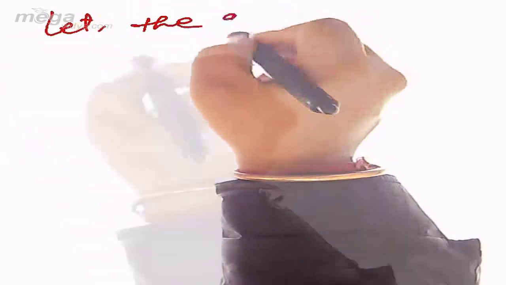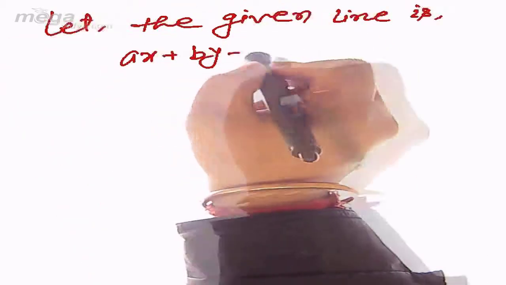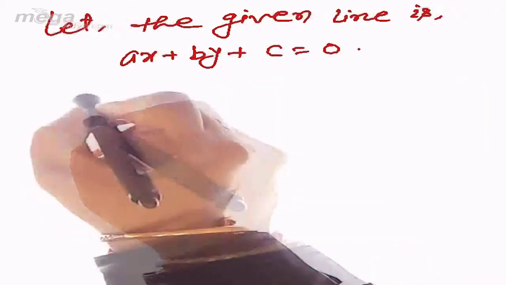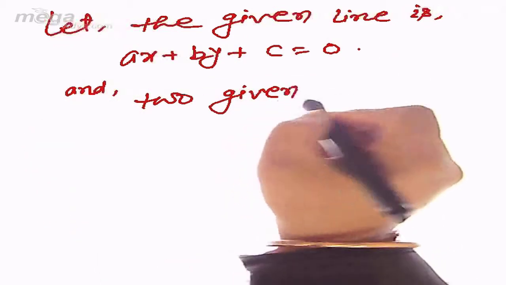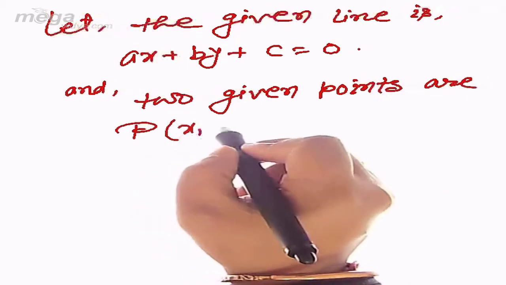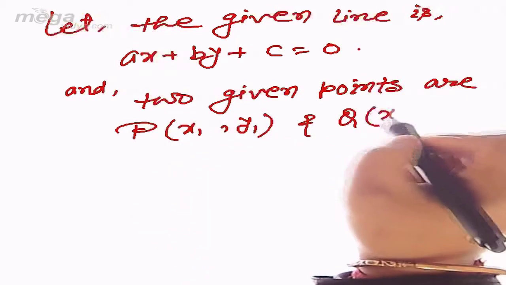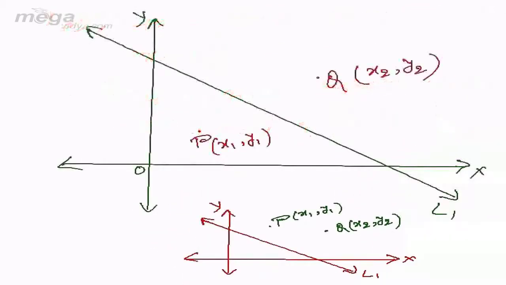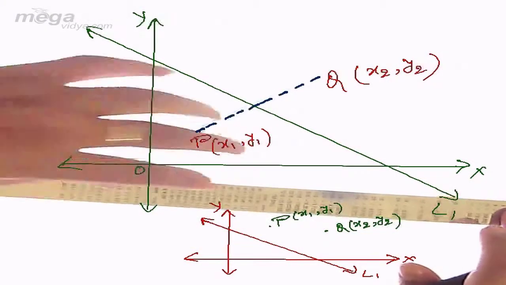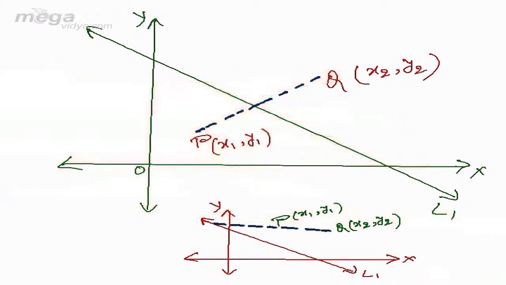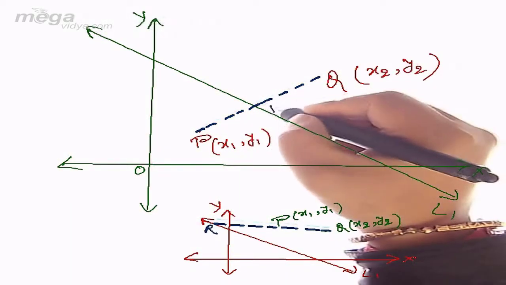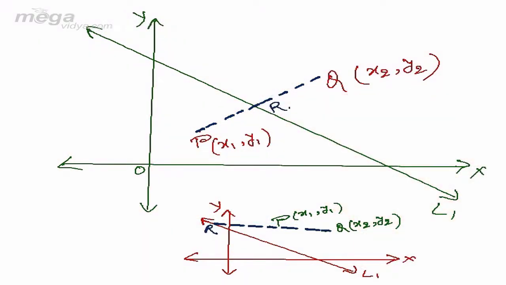See, let us suppose the given line is ax plus by plus c is equal to 0 and the two given points are P x1 y1 and Q x2 y2. From the figure, you can see if you join P and Q, in both the cases, this PQ is divided by a point on the straight line L1.